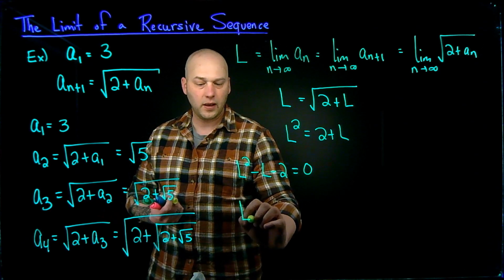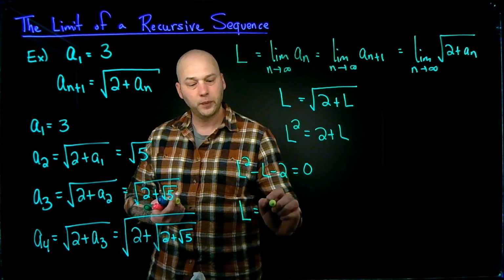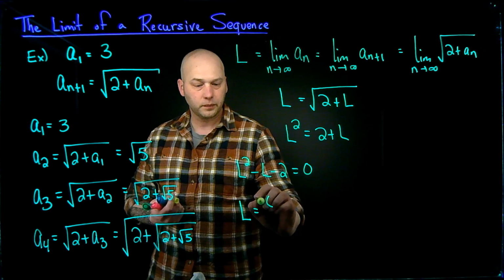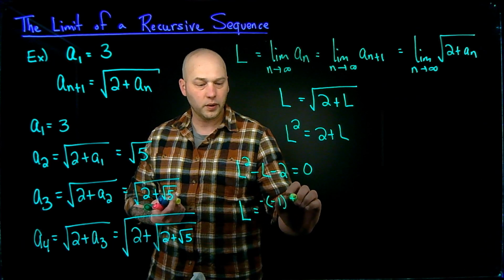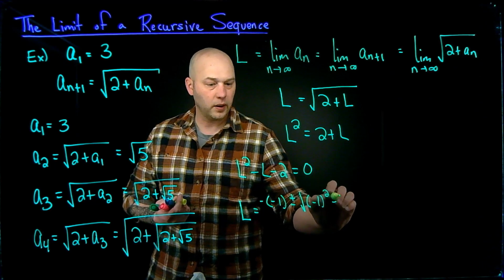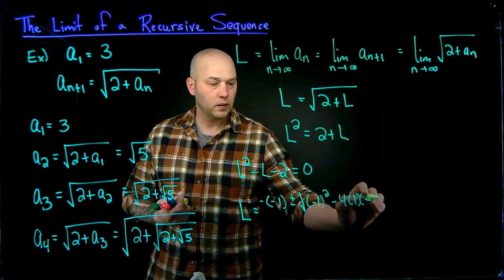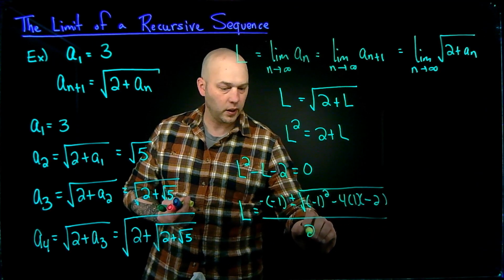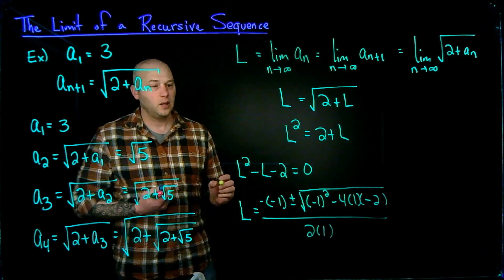So the value of L is given by negative b, so that'd be negative negative 1, plus or minus the square root of b squared minus 4ac, all over 2a.